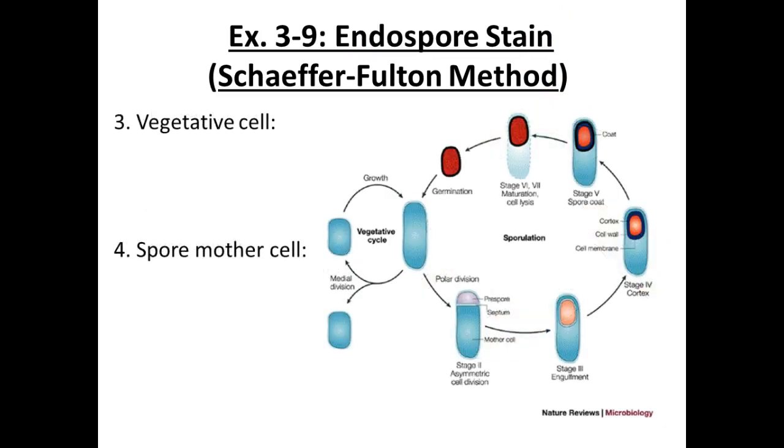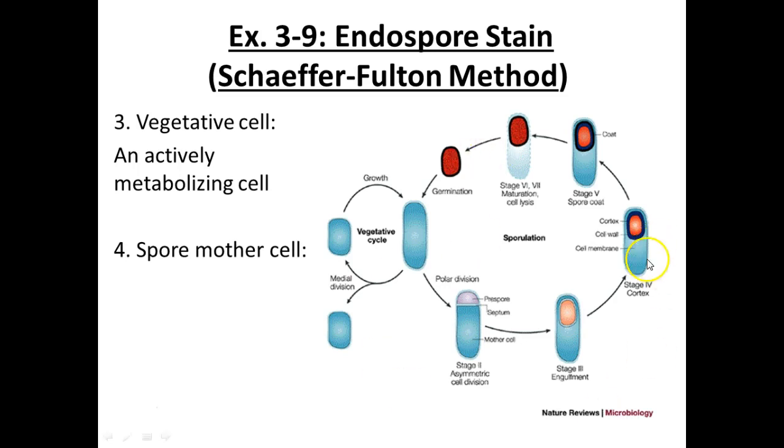The vegetative cell is actively metabolizing, growing, and can be reproducing. It's the feeding phase. The spore mother cell is when it's starting to form the spore within. Again, it sounds like reproduction, but it's not.